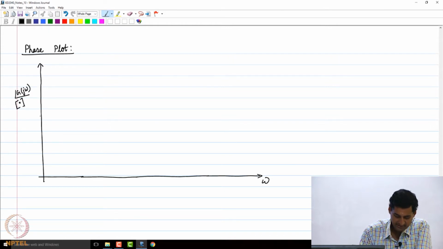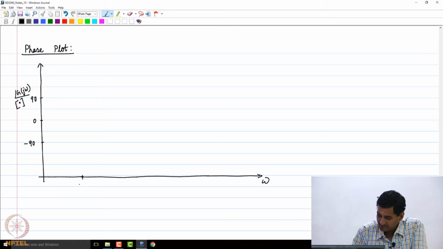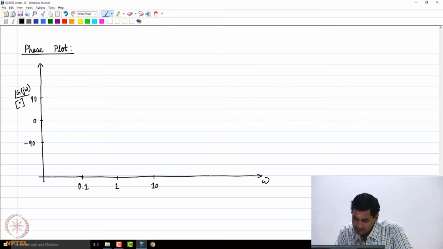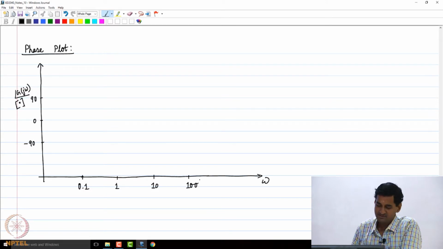So let us say I start with 0, and let us say this is minus 90, let us say this is plus 90, fine. Okay. So once again we have 0.1, 1, 10, 100. Okay, so as the 4 regions.